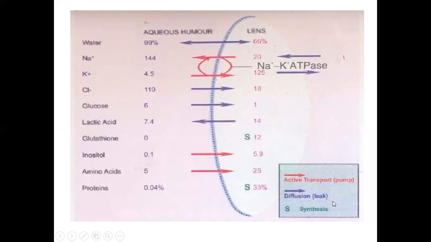That's why the theory came up. The S stands for synthesis. The red color shows the active transport of sodium and potassium, and the blue color shows diffusion. Diffusion means from higher concentration to lower concentration. Here you can see chlorine and glucose; definitely they go in. Lactic acid is also the same. And synthesis takes place for the proteins.